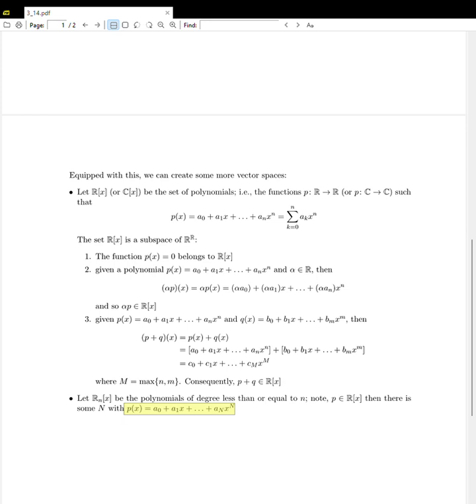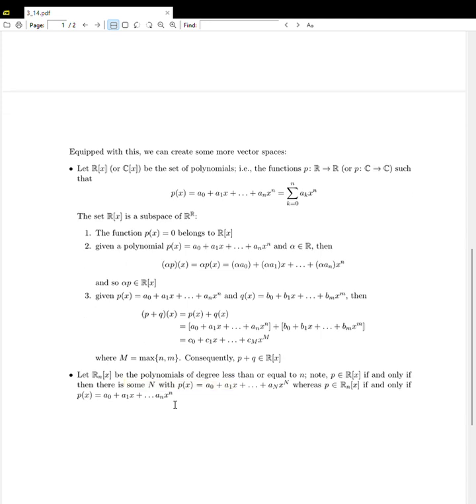Whereas P is in R sub little n if and only if. So noting the difference really between these two sets, the set of polynomials, you're in there if there is some n that works, whereas you're in this one precisely if you always go up to this n.